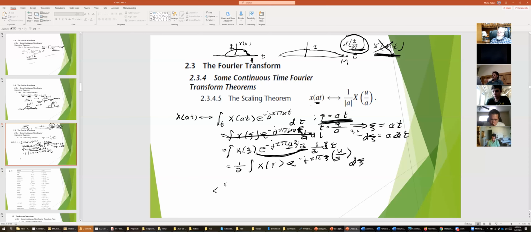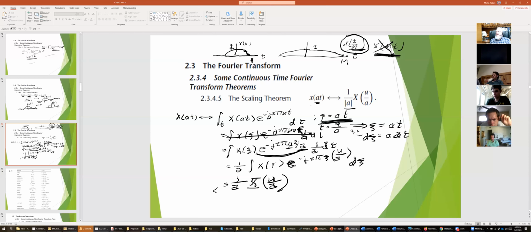And so this is equal to 1 over A times the Fourier transform, but the Fourier transform is not a function of u. The Fourier transform is a function of u over A. This is the scaling theorem, almost. It's almost the scaling theorem.